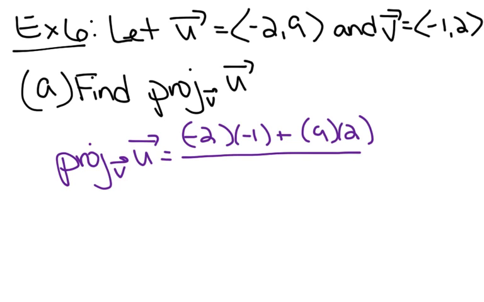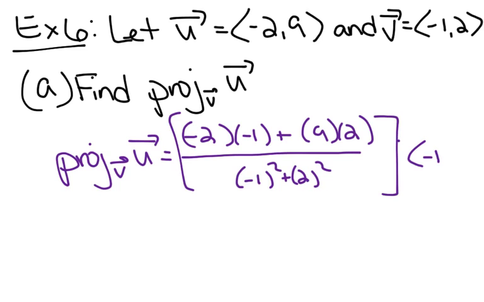We're going to divide that by the square of the magnitude of v. Now, remember when you take the magnitude of v, you're taking a square root, so a square of a square root cancels, so it's really just negative 1 squared plus 2 squared. And then we're going to take that answer and multiply it by vector v.